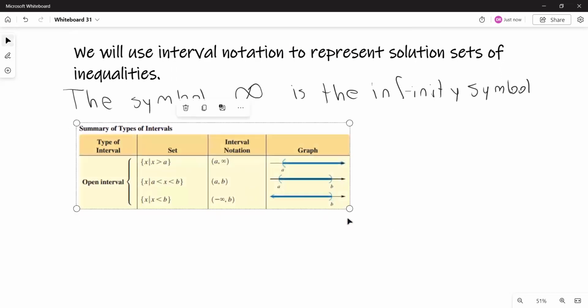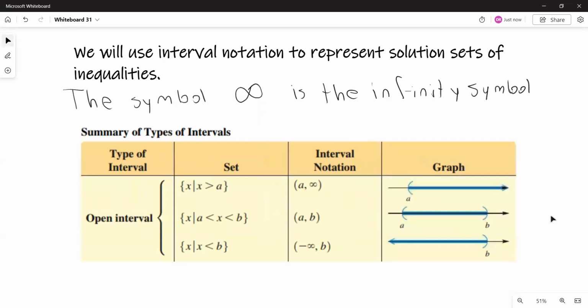I start with the first 3 types of inequalities. These are on page 151. Infinity will always have a parenthesis. Every time we don't include the end values, and infinity is not a number, it's a symbol, we write parentheses.